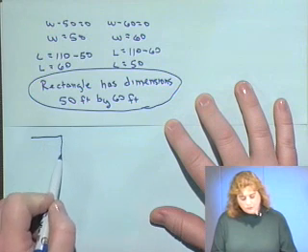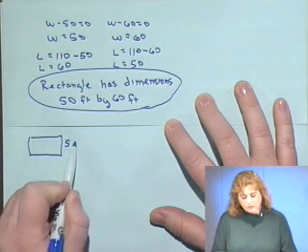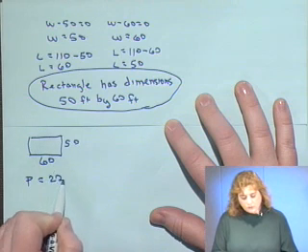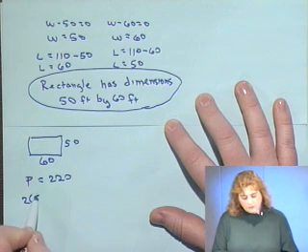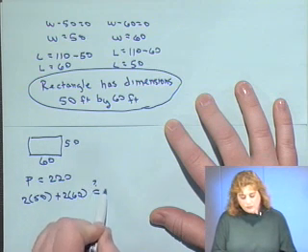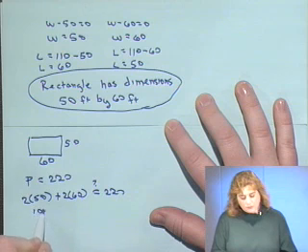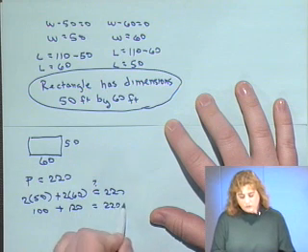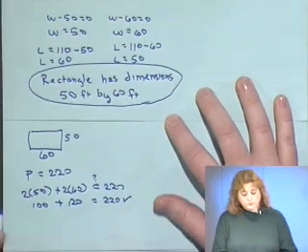So, just to review, here's our rectangle, and now we've decided it's 50 by 60. The perimeter should be 220. So 2 times 50 plus 2 times 60, is that equal to 220? Well, there we've got a 100 plus a 120, and that does equal 220, so far so good.